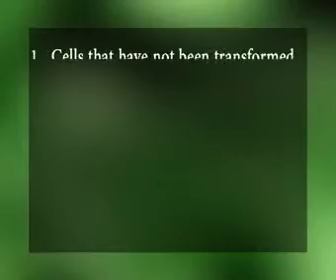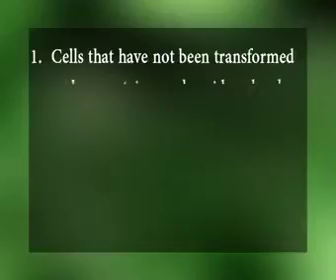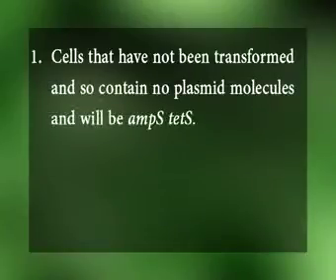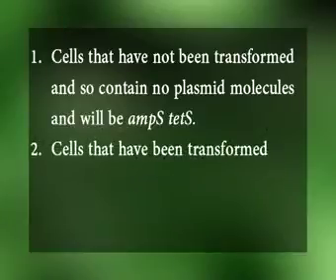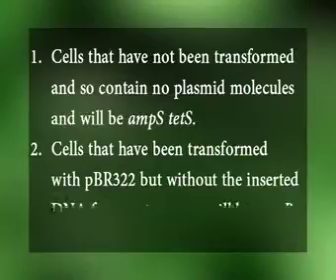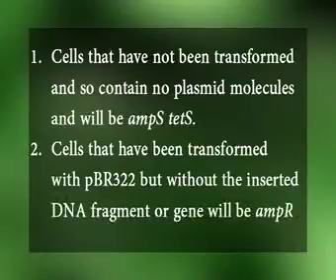Number 1, cells that have not been transformed and so contain no plasmid molecules will be ampicillin sensitive, tetracycline sensitive. Number 2, cells that have been transformed with pBR322 but without the inserted DNA fragment or gene will be ampicillin resistant, tetracycline resistant.